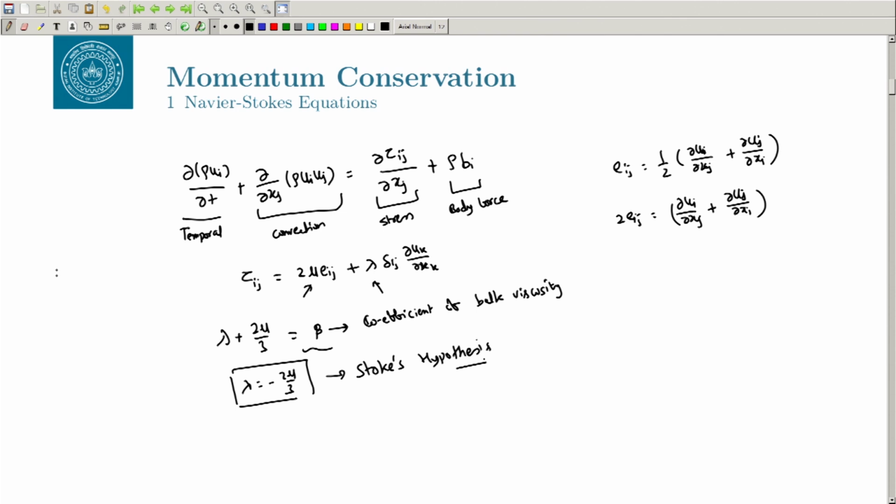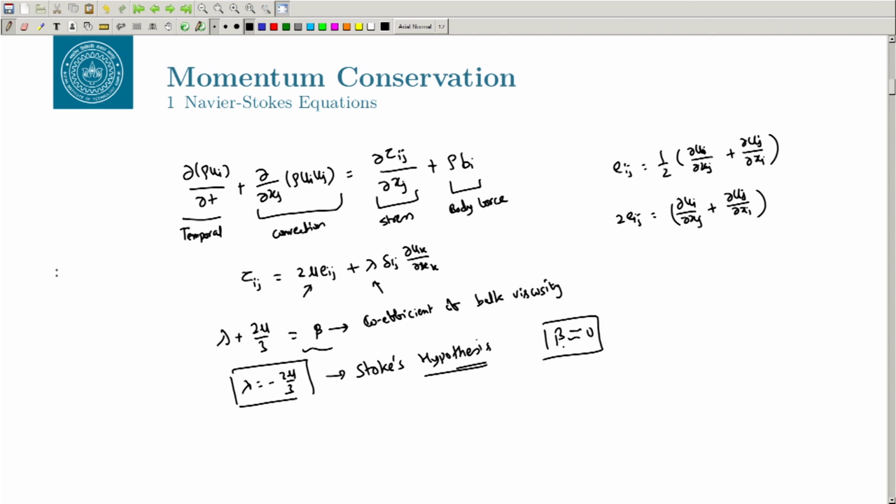This is exactly true for a monoatomic gas because they have only translational degrees of freedom, but when you treat diatomic and triatomic gases, it becomes a hypothesis. In that case also lambda plus 2 mu by 3, or basically beta, is nearly 0.